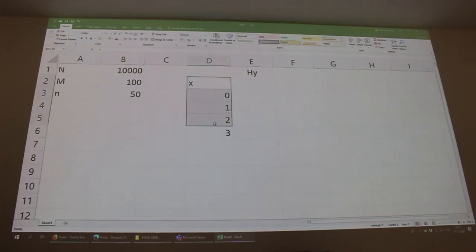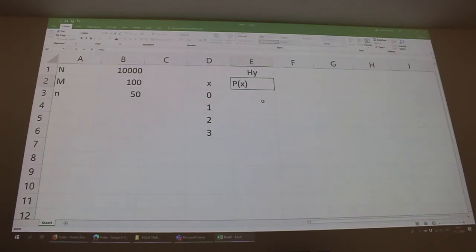So there will be random variable x, and here below hypergeometric distribution, I will calculate probability. I will calculate here probability that random variable x will be equal to these values. And according to the probability function which you have written in your formulas, I will start with writing.